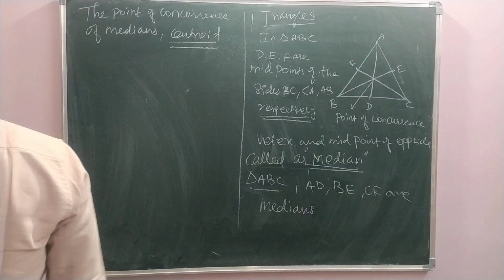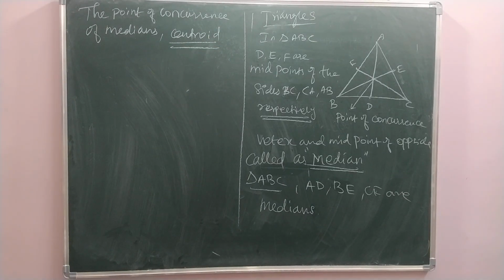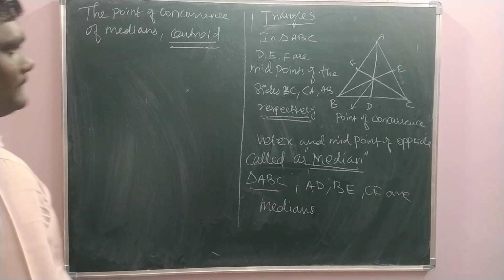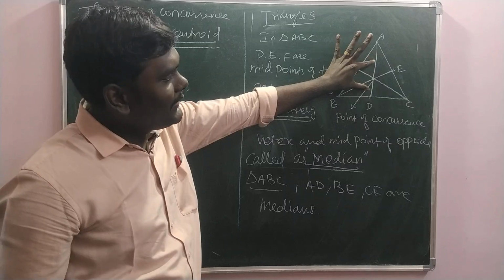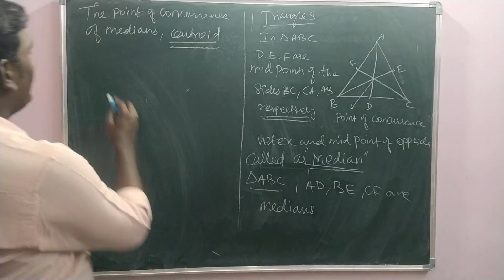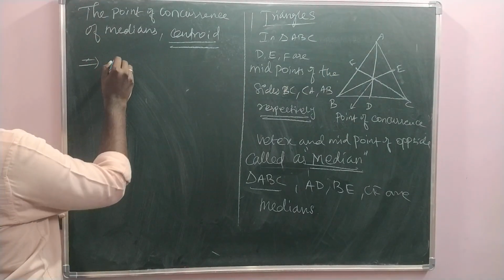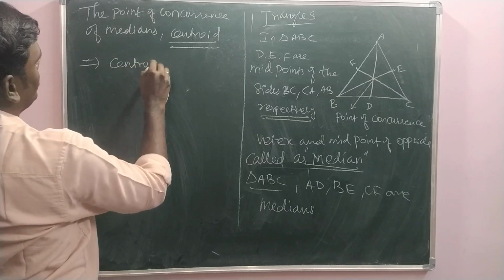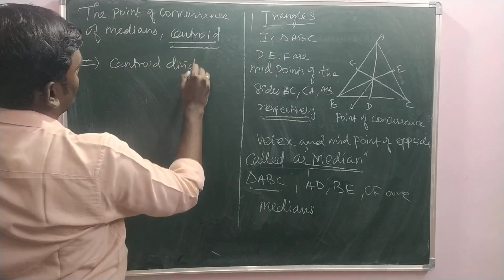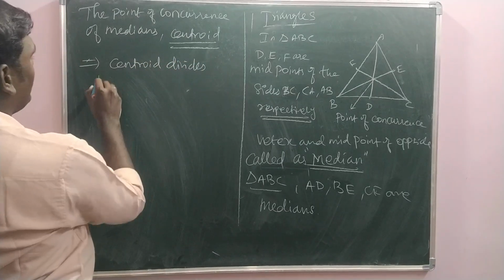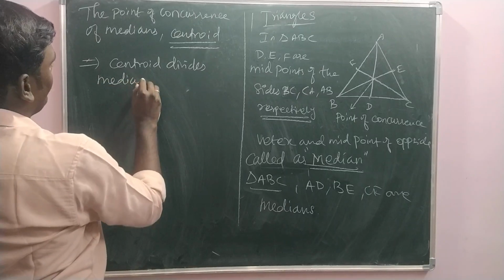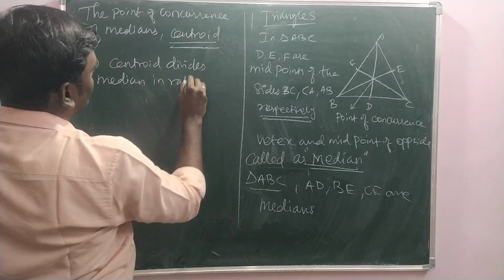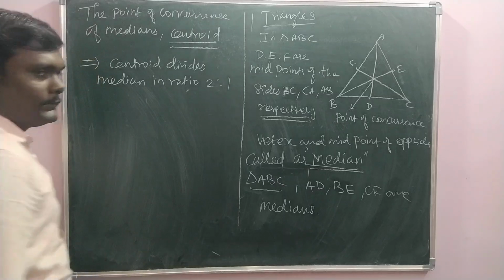And that centroid divides the median. This centroid will be dividing it into two parts, in the ratio 2:1.